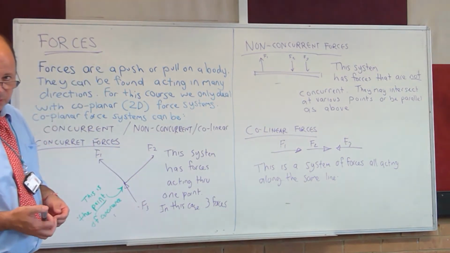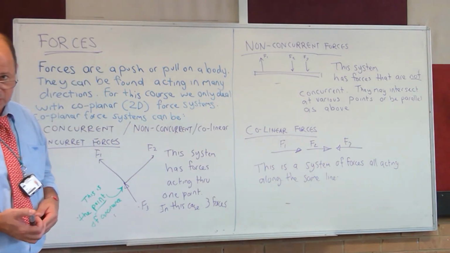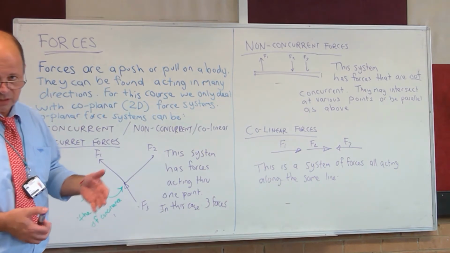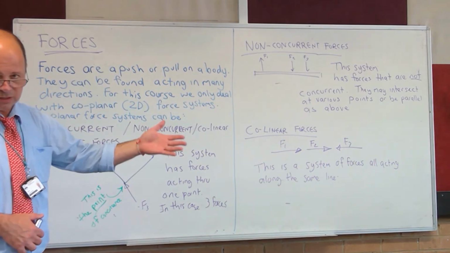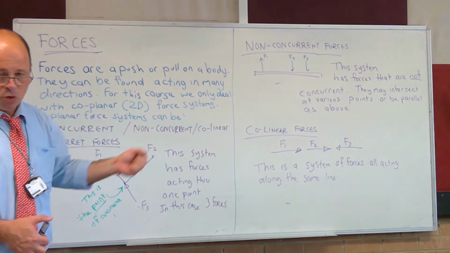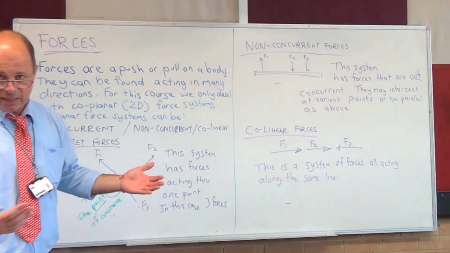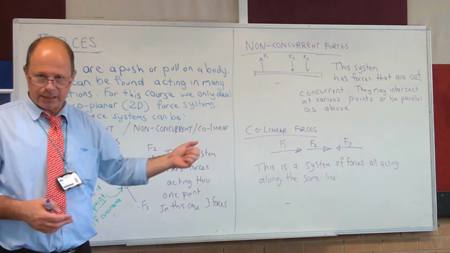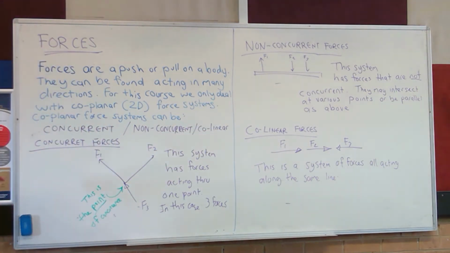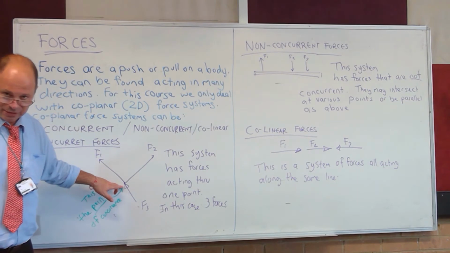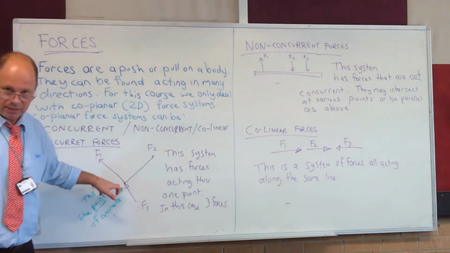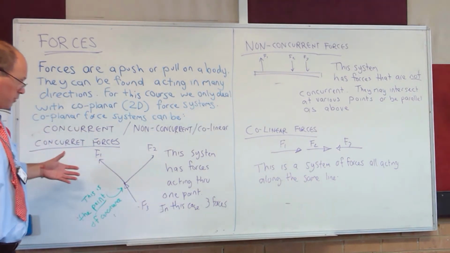Okay, so if you were serving a sentence for murder and the judge said you're going to get 10 years for this crime and 20 years for that crime and 30 years for that crime, all served concurrently, and then be all served at the same time, you wouldn't have to add them up. So concurrent means acting through, in this instance, the same point. Okay, simple. That's the first force system.